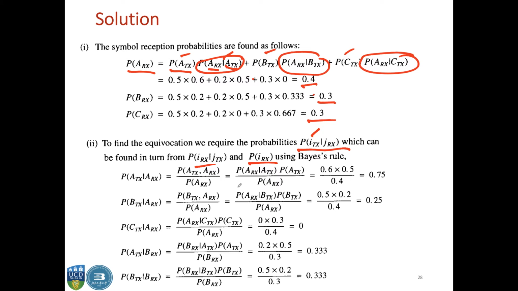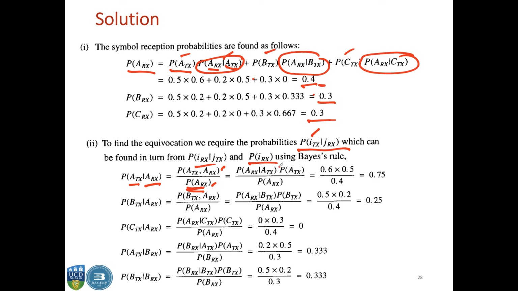So if you apply Bayes rule, you can write that probability of A transmitted given A is received is the joint probability divided by this, which you have already calculated here, and the numerator you can write in terms of the conditional probability that A is received given A transmitted multiplied by A transmitted.